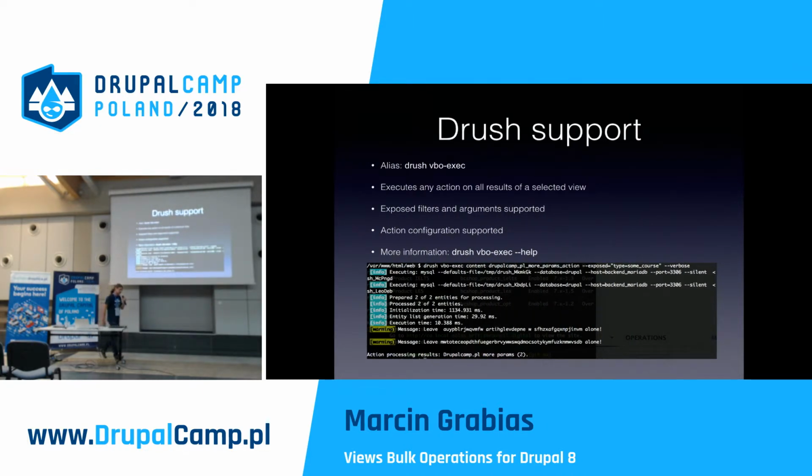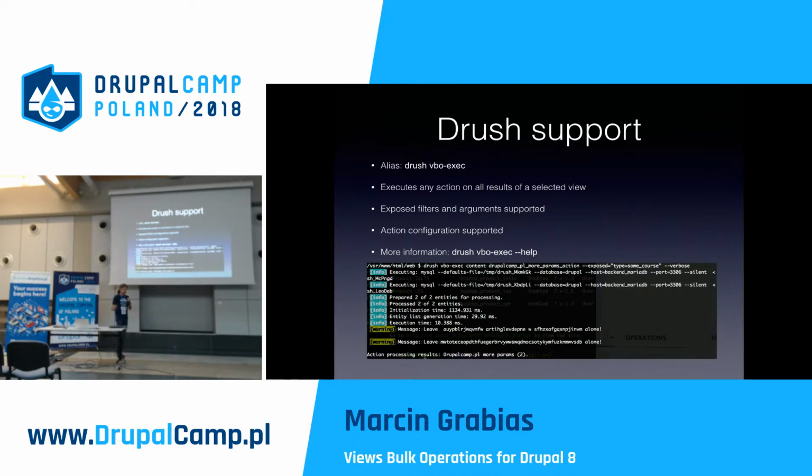We have a Drush command. It also has the same alias as the Drupal 7 version, drush vbo-execute, but I also added a shorter alias, drush vbo-exec. It allows you to execute an action on all results of a selected view.